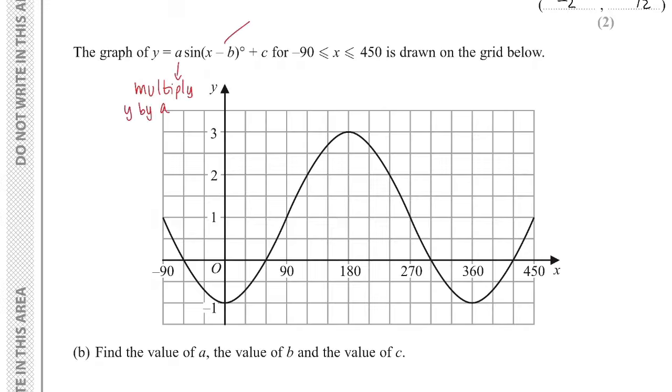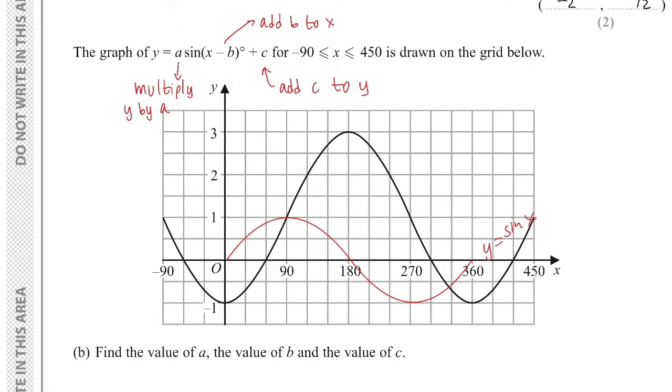The minus b means add b to x, so move it to the right, and the plus c means add c to y. And I could also try drawing the graph of sine x here, which should look something like this. This is sine x.